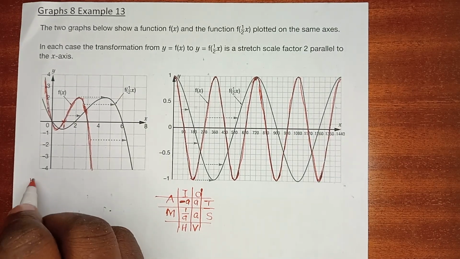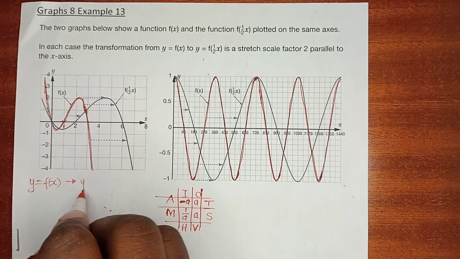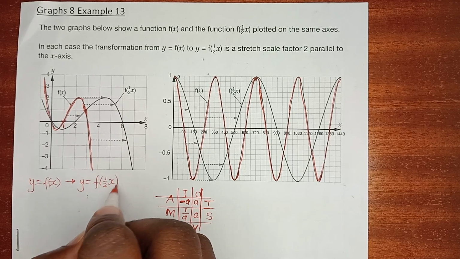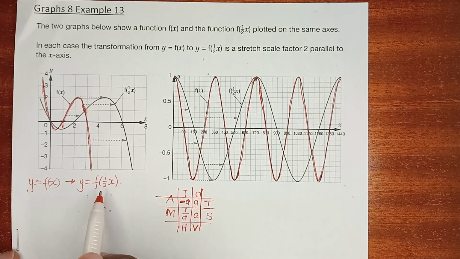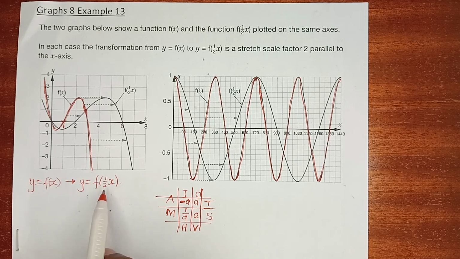The moment we have y = f(x) transformed to y = f(a half x), you can already see that this is multiplication of the original x by half. And this multiplication is actually inside the bracket.